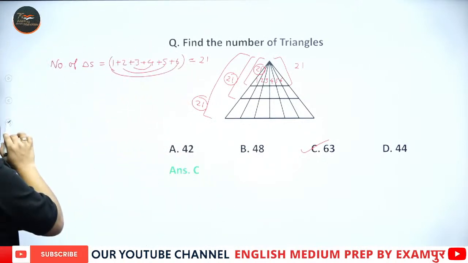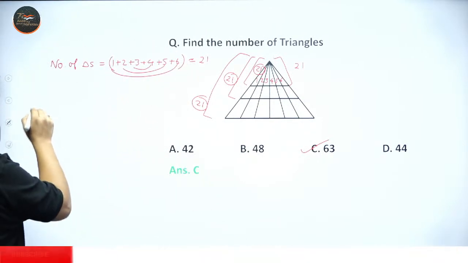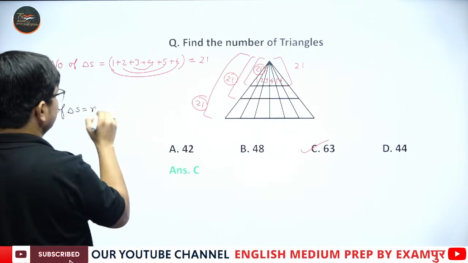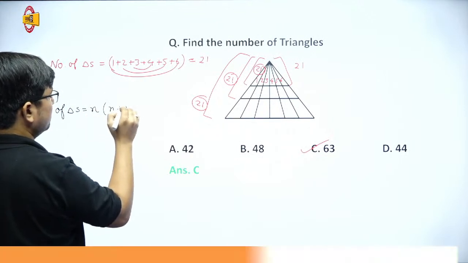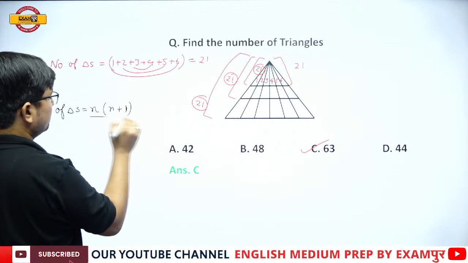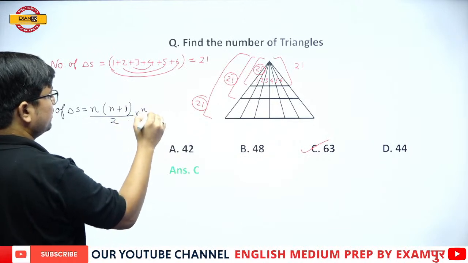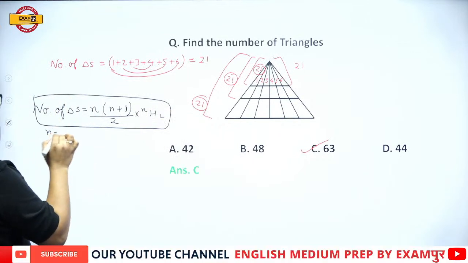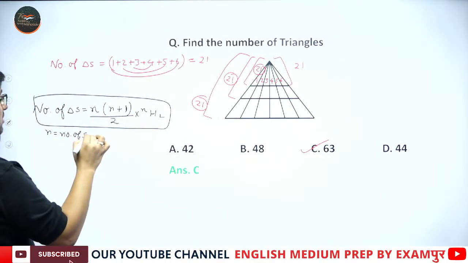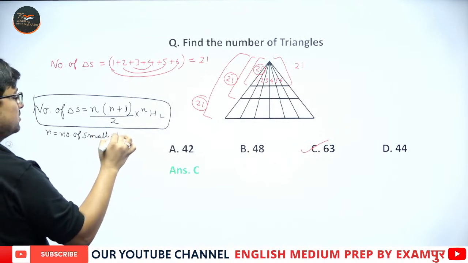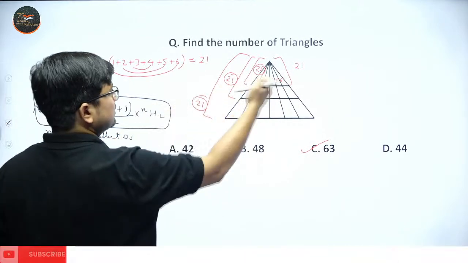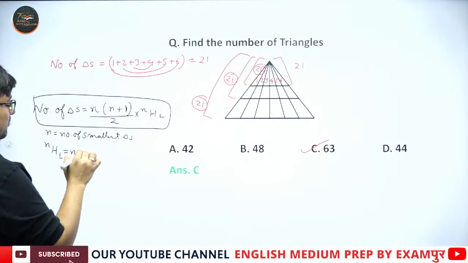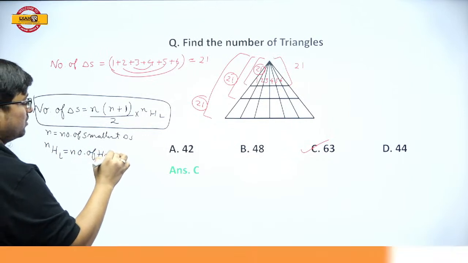And then my dear students, the number of triangles is equal to n into n plus 1 by 2 into number of horizontal lines. What is n? N is the number of smallest triangles. For example, here 6, here 6. And NHL is the number of horizontal lines.